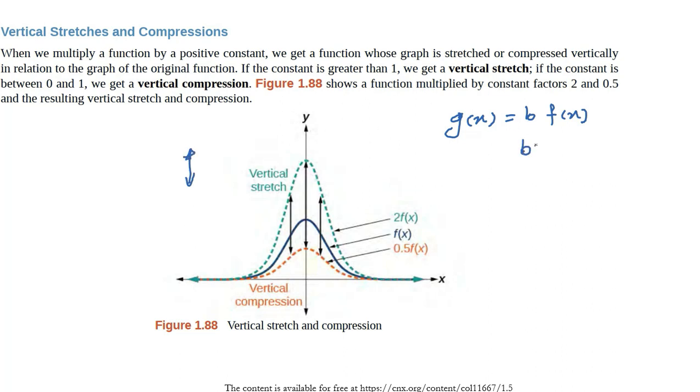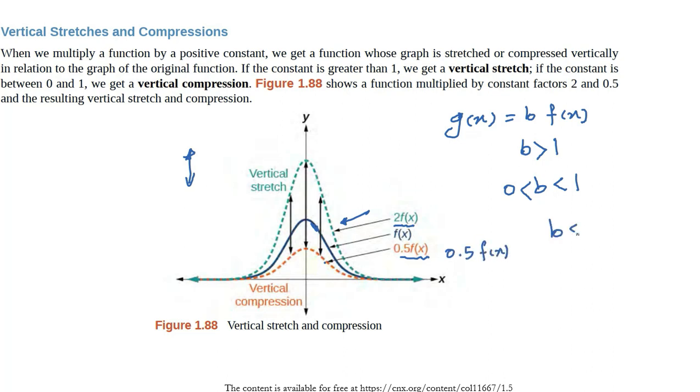If b is more than 1, then it will be a stretch like this. This is the original graph. This is 2 times f of x. And if b is less than 1 and greater than 0, then it will be compressed like this one, which is 0.5 f of x.